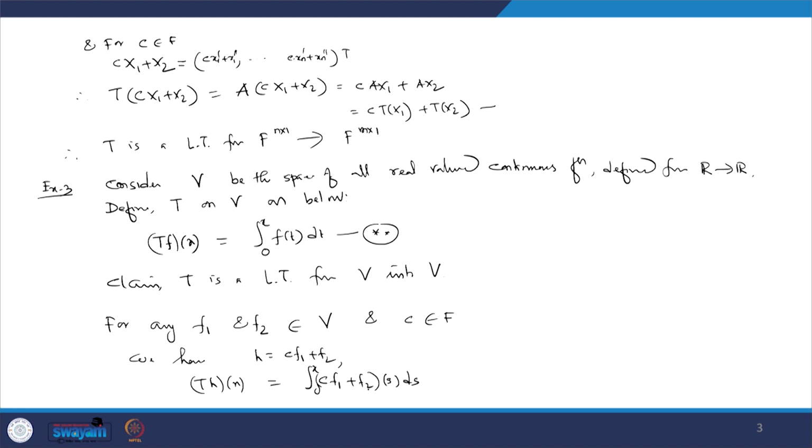Since integration is linear, I can write this as C times the integral from 0 to x of F1 s ds plus the integral from 0 to x of F2 s ds. So, T is also a linear transformation from V to V itself.